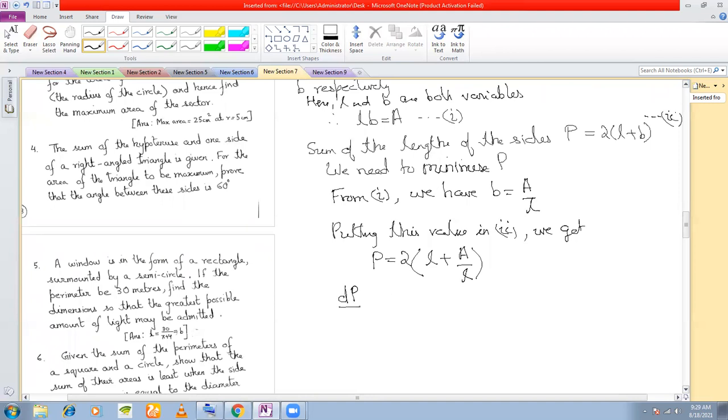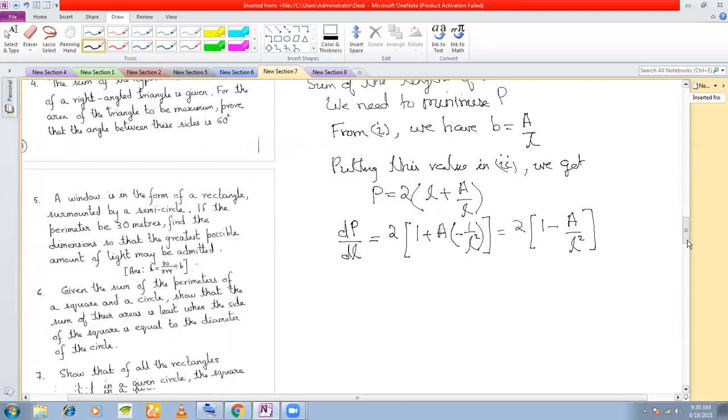First derivative, dp dl, because L is a variable, we'll differentiate it with respect to L. dp dl, we'll get this as twice 1 plus A into minus 1 by L square, which is equal to twice 1 minus A by L square. Right? This is what we are getting as dp dl.